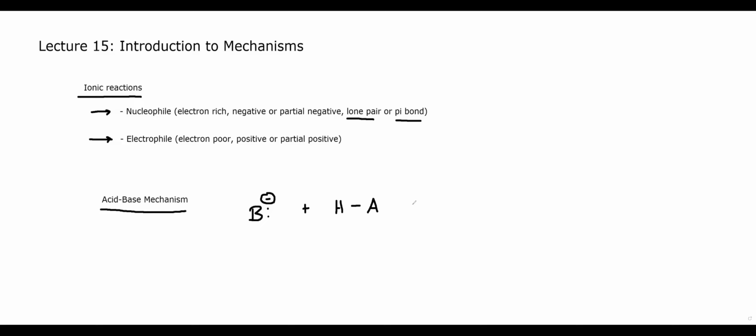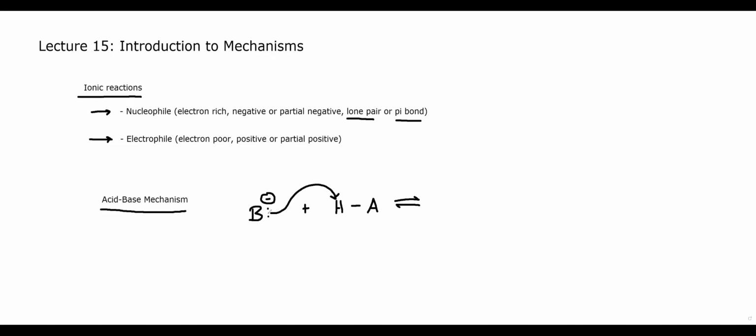Now, in an acid-base reaction, the base takes the hydrogen. So we have a nucleophilic reaction here, where this base is acting as a nucleophile, and this hydrogen is acting as an electrophile. Remember, the nucleophile attacks the electrophile. That's how we show the movement of electrons.